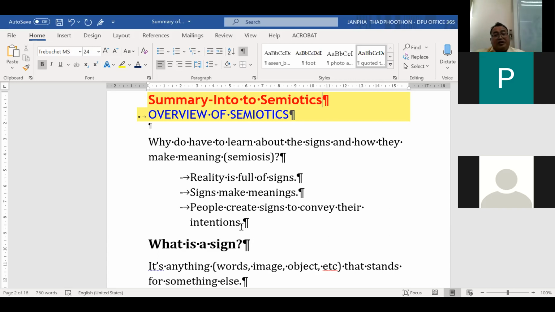So these three reasons are, I think, why we should study semiotics.